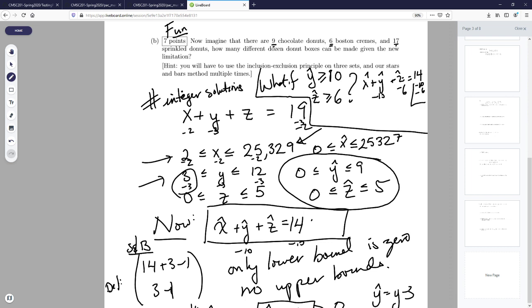On this side we get negative 2, and on this side x hat plus y prime plus z prime. I'm just making up new variables. But the point is that technically what you would be getting here is a minus 2 plus 2 choose 2, so like a 0 choose 2.